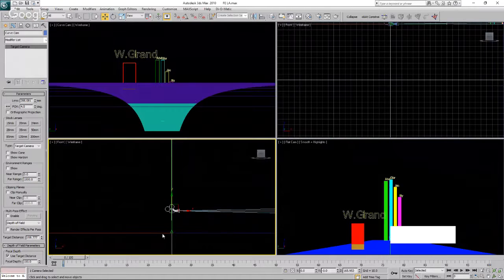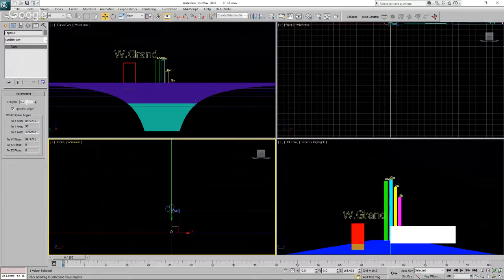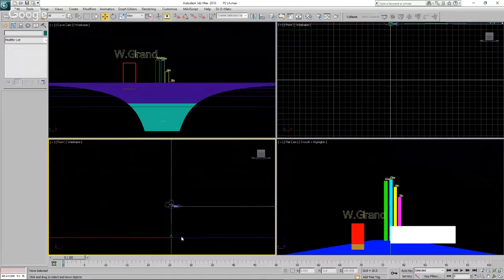Okay, so let's find out what this distance is. I had it at 200 meters. Let's put that at about 10 meters. Nope, guess not. Maybe 20?